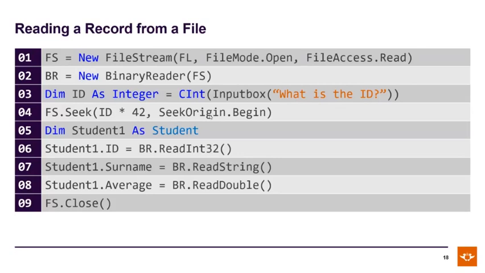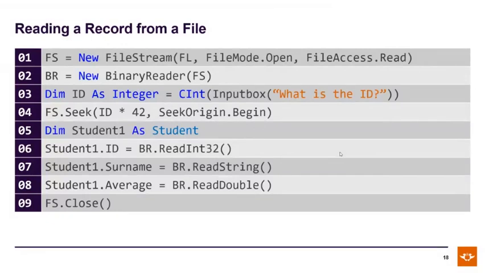So you've got the 32 bits or the 4 bytes that you'll be using. Hold on, I've got a reference here. Oh, yeah. Okay. So it refers to the fact that you're using the Int32 format, which is your default integer. You'll then read your string and read your double.